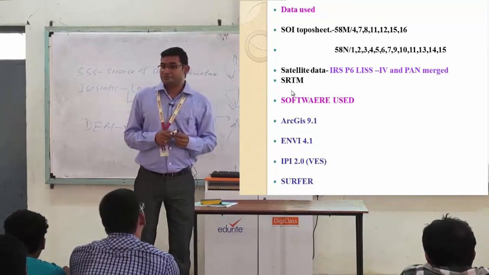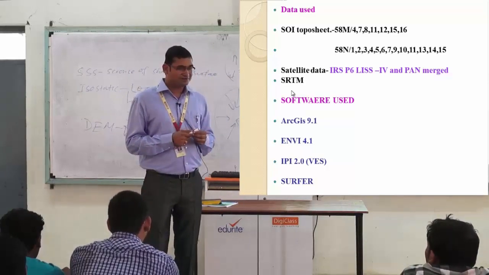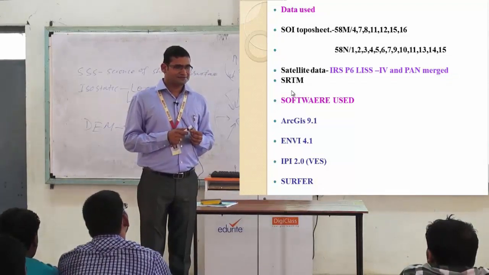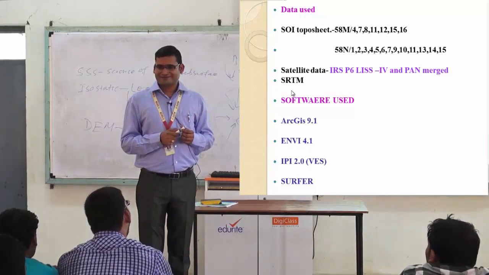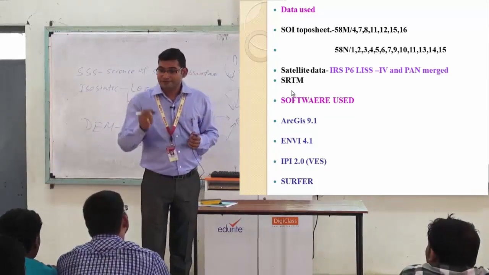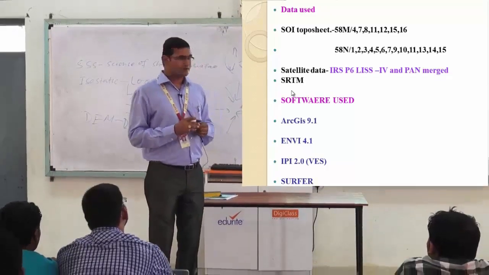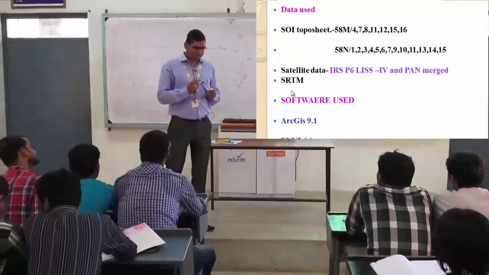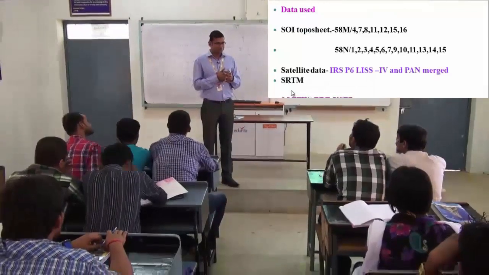And what is the spatial resolution for this LISS 4? Spatial resolution for LISS 4 is 5.8, not 5.8, 5.6. Okay, 5.6, and it is pan merged. That is another sensor: one panchromatic image is fused to that one.